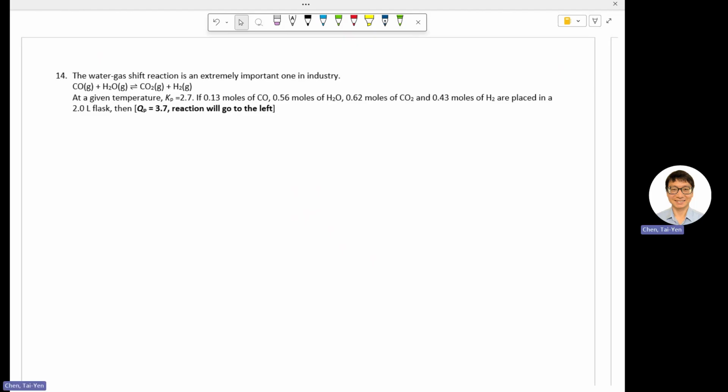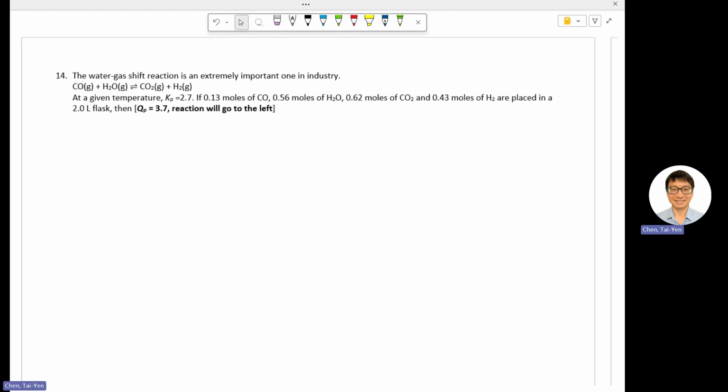Every time you see these questions asking to predict how the reaction is going to move, either move to the left or move to the right, it's a very, very standard Q versus K comparison. Remember this.